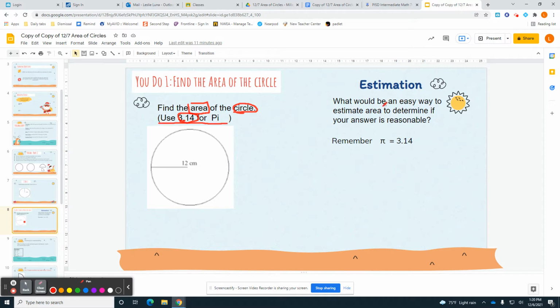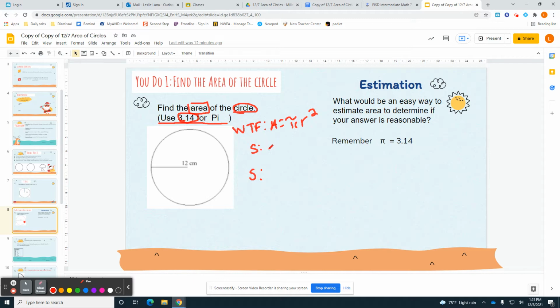So area, remember, it's WTF: write the formula, substitute, and solve. I'll give you a little bit of time. Okay, so WTF would be, yes, write the formula, A equals pi r squared.